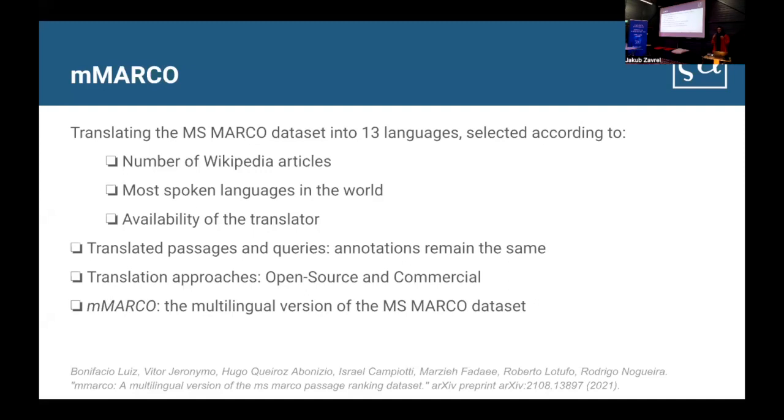So the idea here was to see, if we generate the multilingual version of MS MARCO automatically using neural machine translation, can we still use these data sets in each language to learn reasonable retrieval models for each language or not?